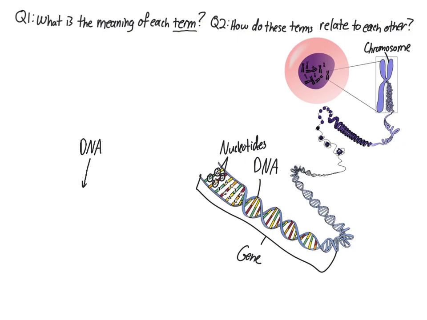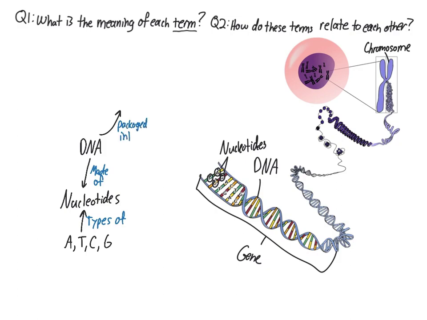DNA is made of nucleotides. And there are 4 types of nucleotides, which are, of course, A, T, C, and G. And DNA is packaged into a chromosome.